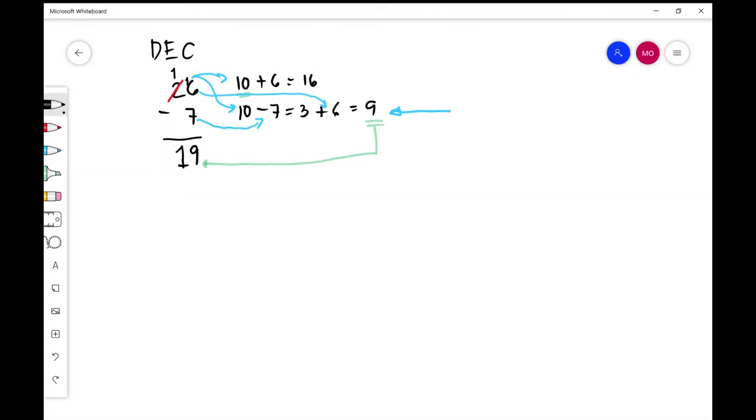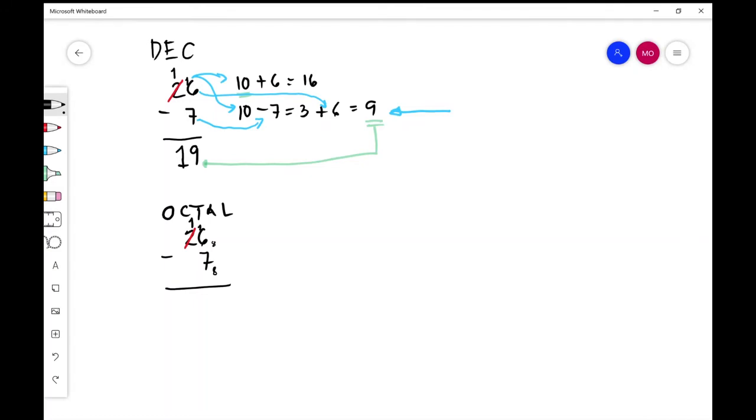We go now to octal. Let's just say we have the same example, which is 26 minus 7, but this time it's in octal. Okay. So 6 minus 7 cannot be. What we're going to do is the same thing. We're going to borrow 1 from 2. This becomes 1. And you get a 16 octal.